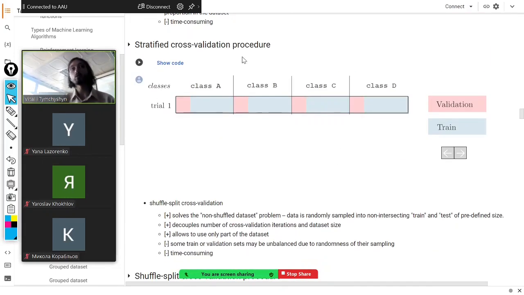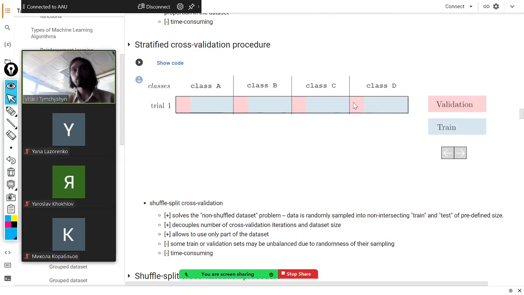We can do the so-called stratified cross-validation procedure. We consciously check how many representatives of each class there are in the data set, and we choose data into validation and training sets based on that information. Here you see, once again, I'm taking some data into validation and some into training, once again 25 and 75%.